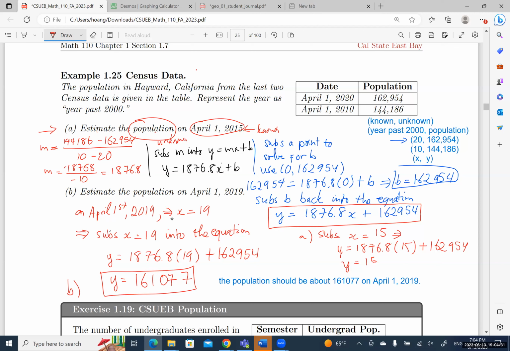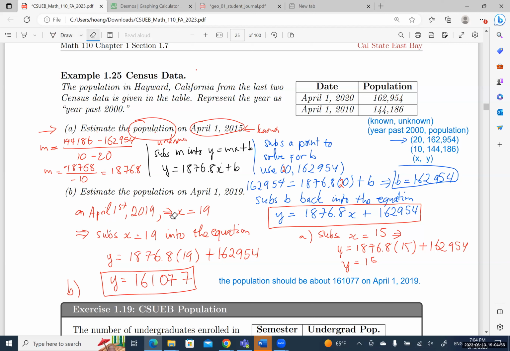That looks good for now. Then I'm going to put down 20 here.